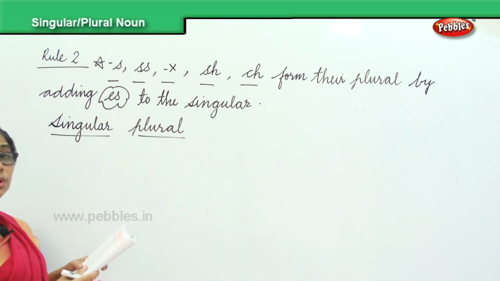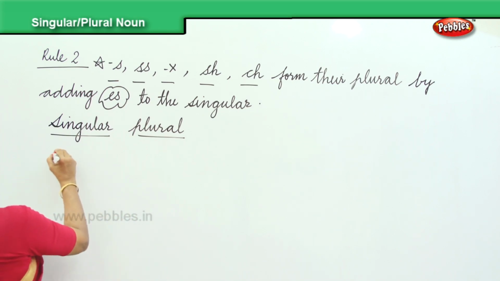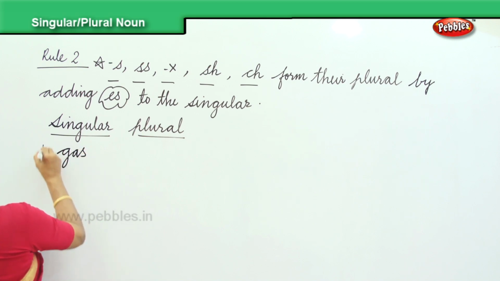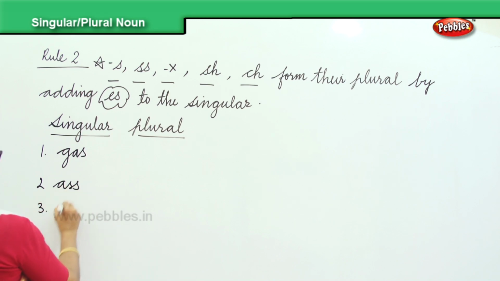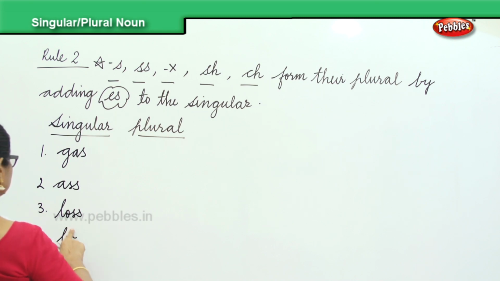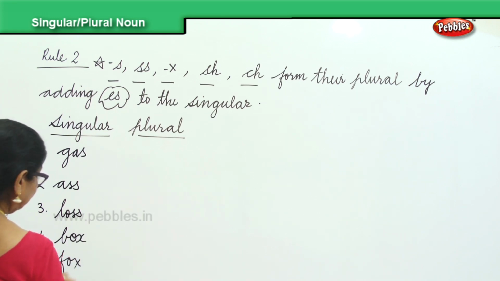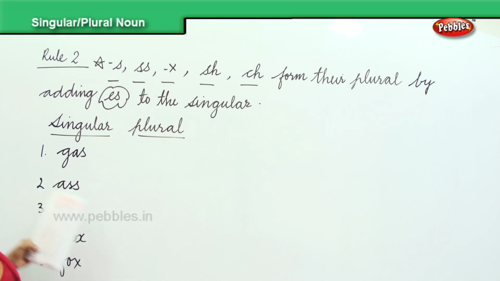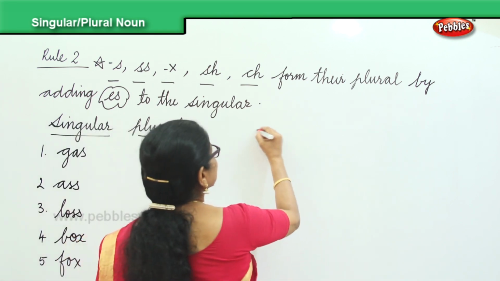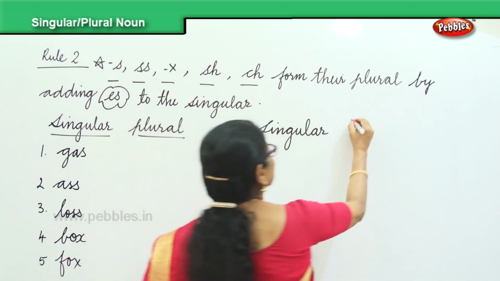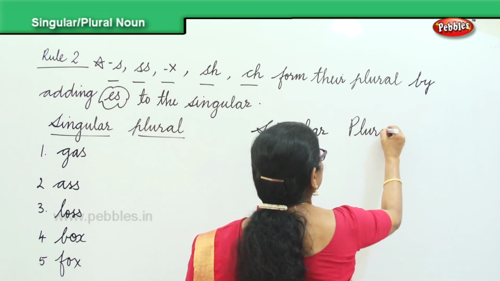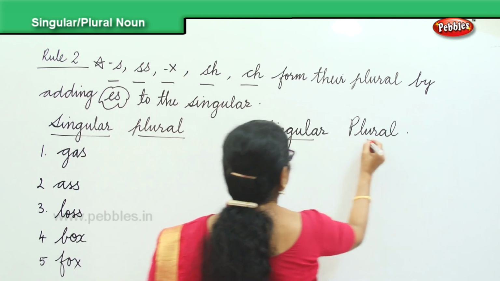Let's look at it. We'll do a few words, then we will learn. Now, first word, gas. Gas, class, look at all this carefully. Box, fox, singular, plural.